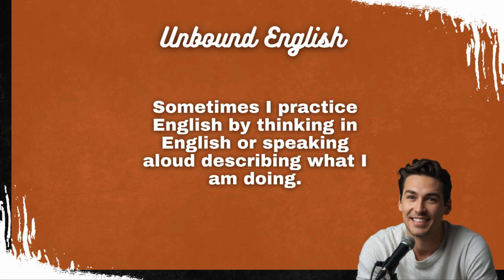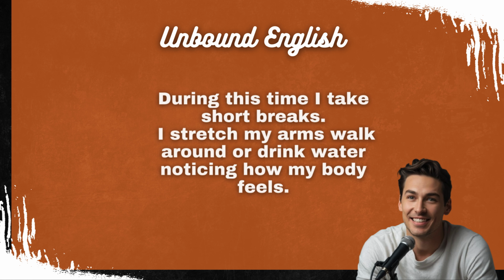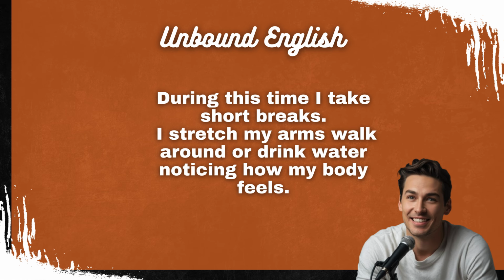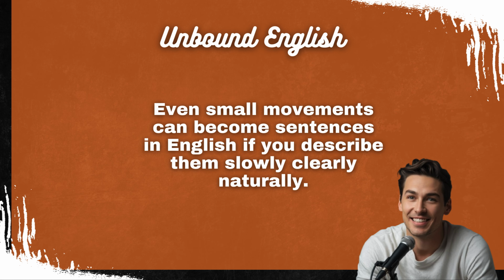Sometimes I practice English by thinking in English or speaking aloud, describing what I am doing. During this time, I take short breaks. I stretch my arms, walk around, or drink water, noticing how my body feels. Even small movements can become sentences in English if you describe them slowly, clearly, and naturally.